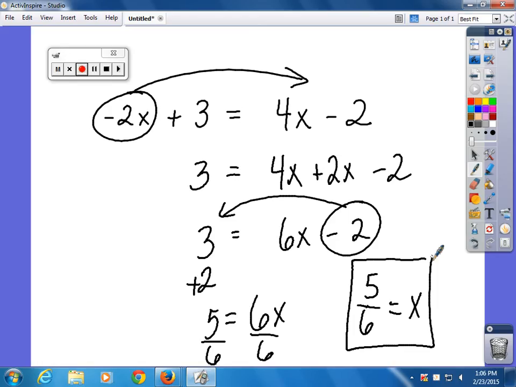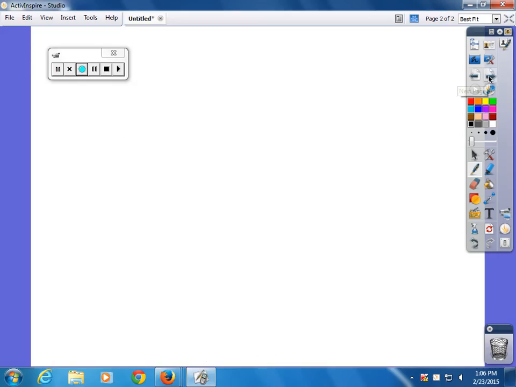All right? Let's try one more. And after this one, we'll move on to the distributive law, because right now we're just doing multi-step.